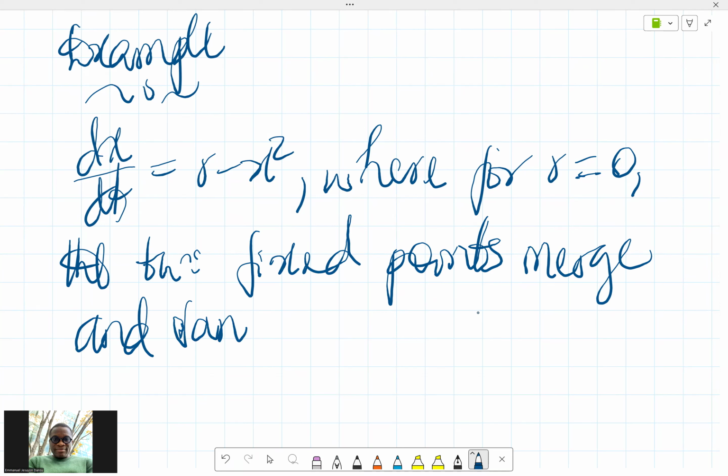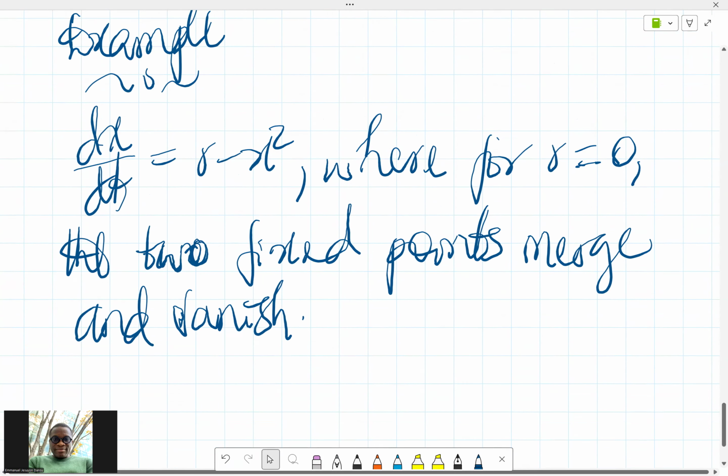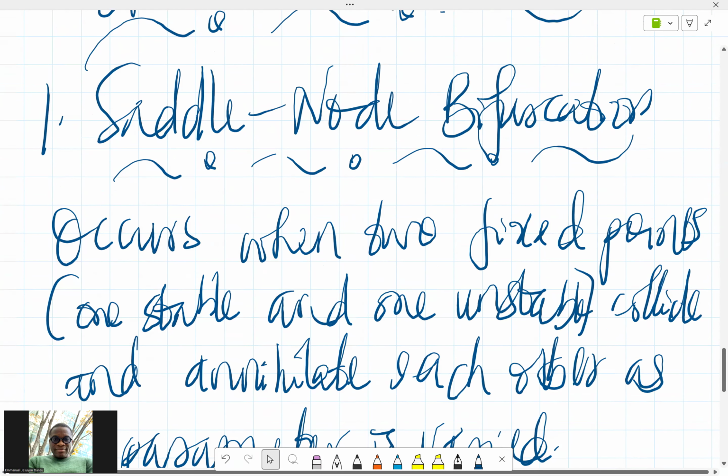So from a saddle, you have a node. So that's about saddle node bifurcation.